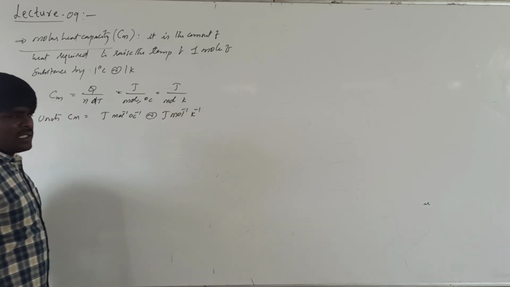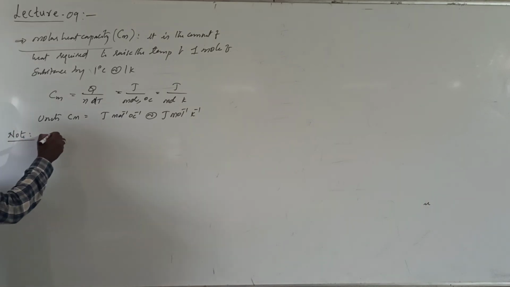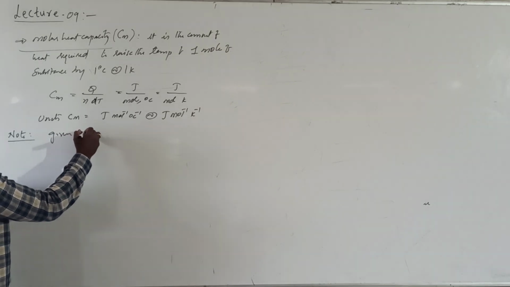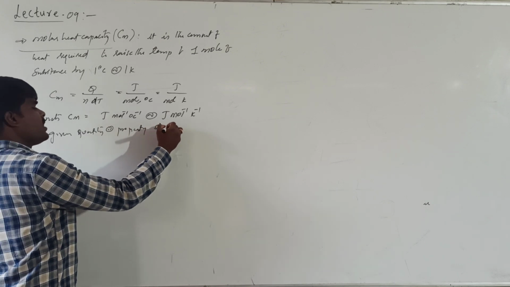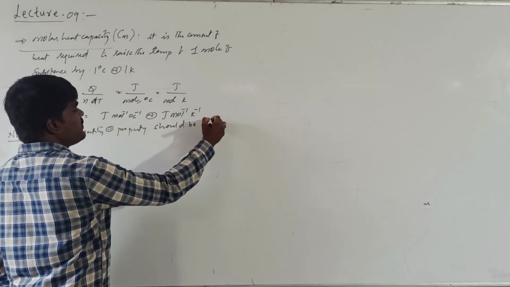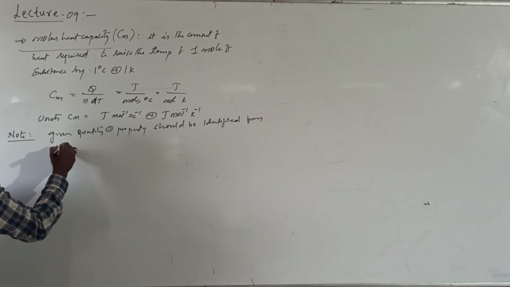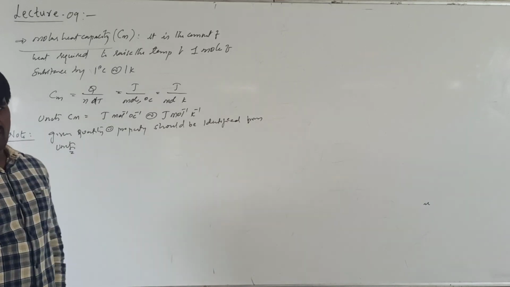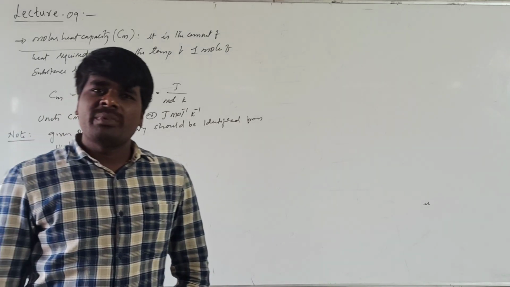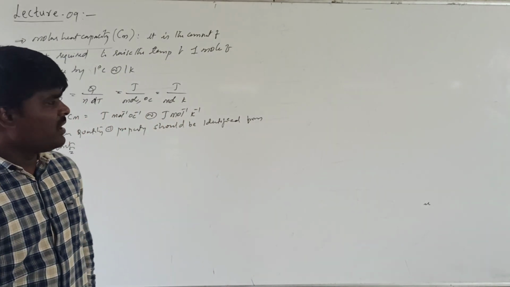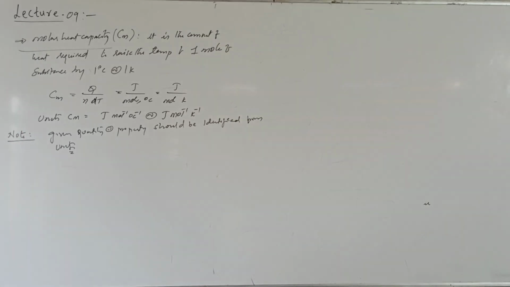You have to identify the given quantity or property from the units. If units are joules per Kelvin or joules per degree Celsius, that will be heat capacity. If the units are joules per gram per Kelvin, that will be specific heat capacity. If the units are joules per mole per Kelvin, then that will be molar heat capacity.